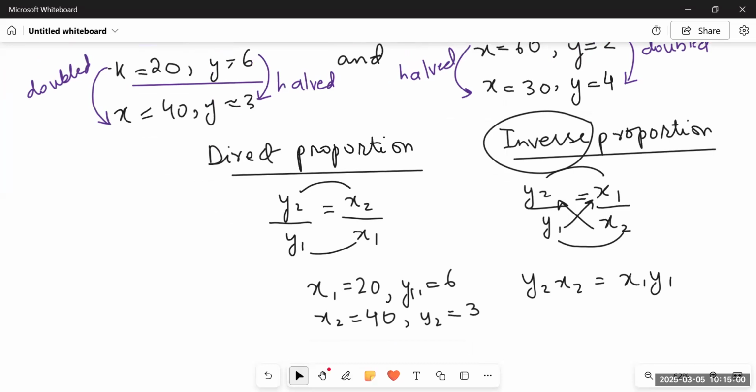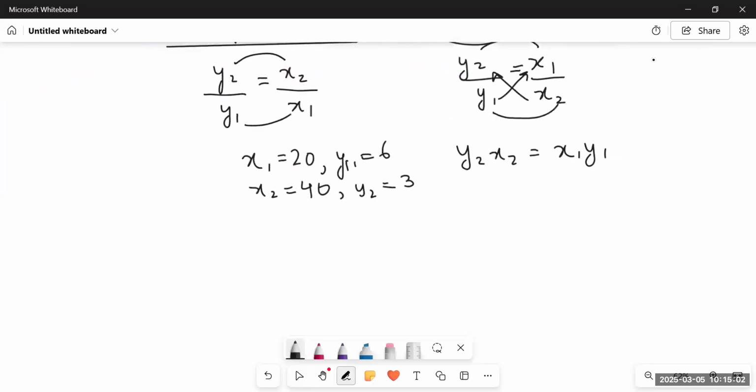So if we put these values in this formula, y2 is 3, x2 is 40, x1 is 20 and y1 is 6. If you multiply 3 with 40, we get 120. And similarly, 20 times 6 is 120. So in both cases, we are getting the same answer.